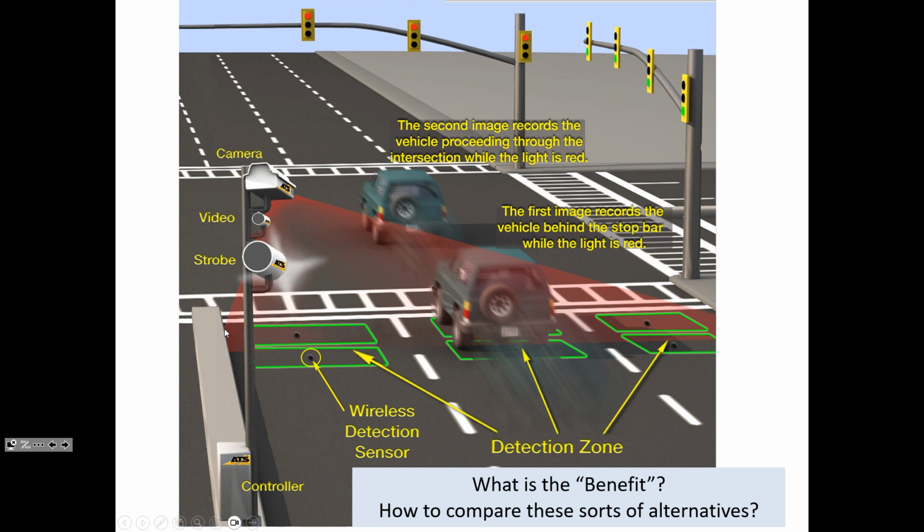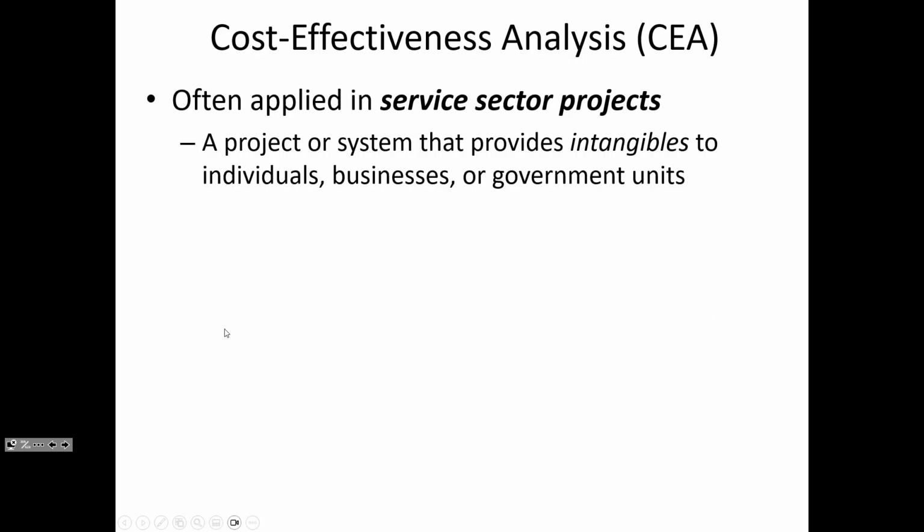And what we're going to do today, this cost effectiveness analysis, tackles those kinds of questions of how can we pick alternatives when we don't necessarily want to monetize the benefits. So it's often applied in service sector projects where we're operating some service.